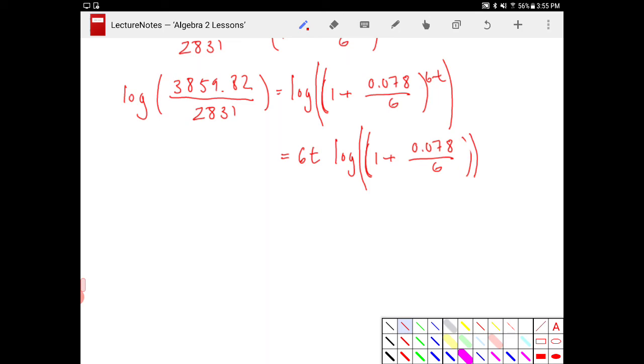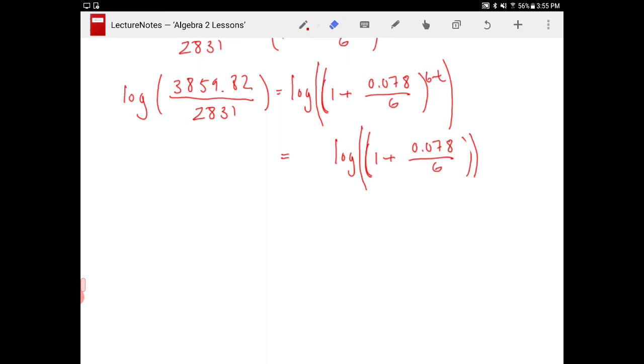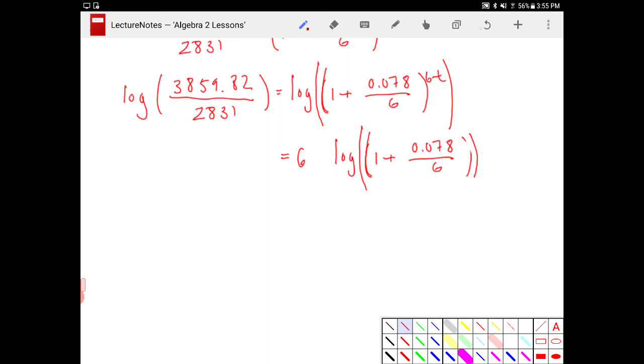Divide both sides by 6 log of 1 plus 0.078 divided by 6.